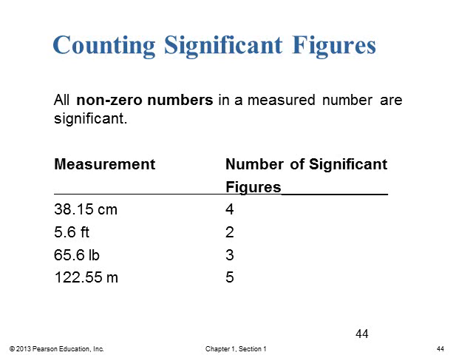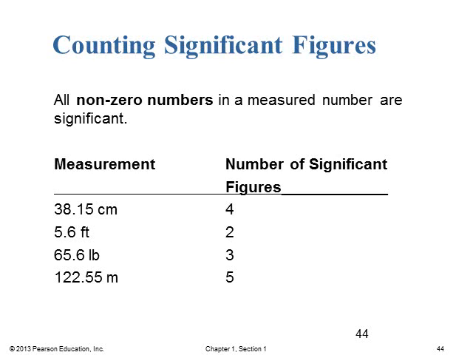In the table on the bottom, 38.15 has all non-zeros, they're all significant, so it's 4 significant figures. If they're not zeros, you can just count how many digits you have, and they're all going to be significant. You do that in each of these examples here.